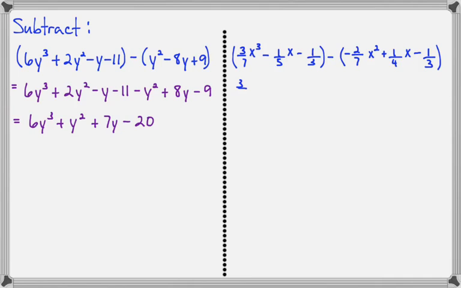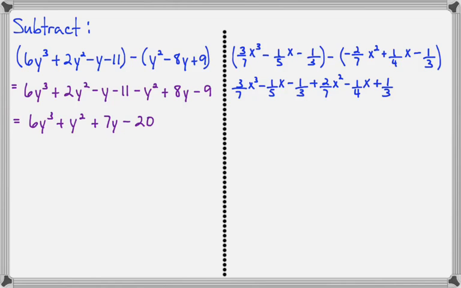Okay, let's start out by taking the first set of parentheses off, and we'll distribute this negative. Minus negative makes plus 2/7 x squared, and then minus positive 1/4 x makes minus 1/4 x, and minus negative 1/3 makes plus 1/3.